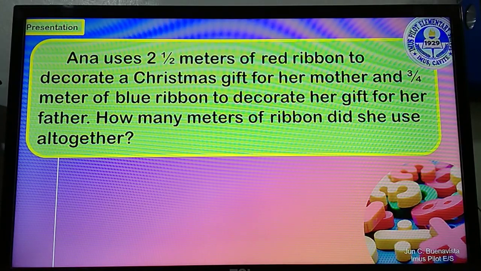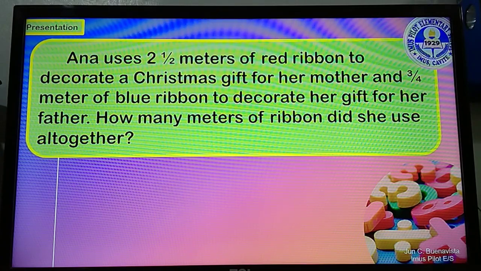We are going to read. Anna uses 2 1/2 meters of red ribbon to decorate a Christmas gift for her mother and 3/4 meter of blue ribbon to decorate her gift for her father. How many meters of ribbon did she use altogether?